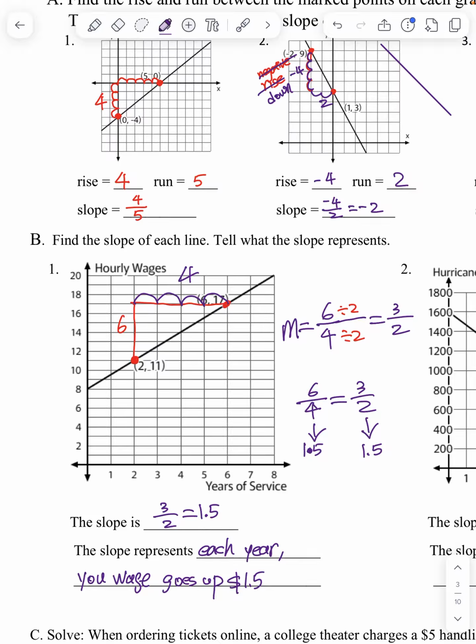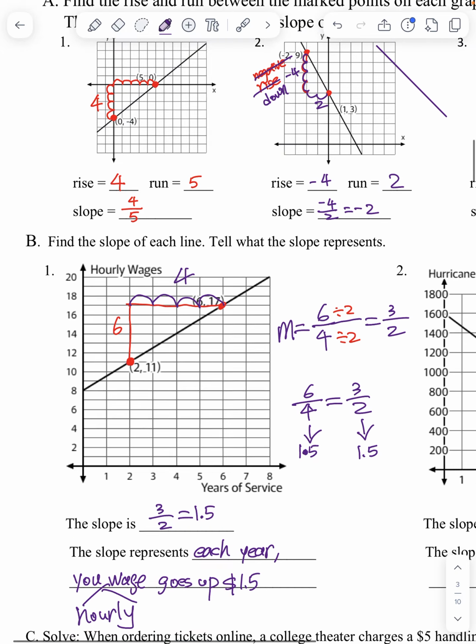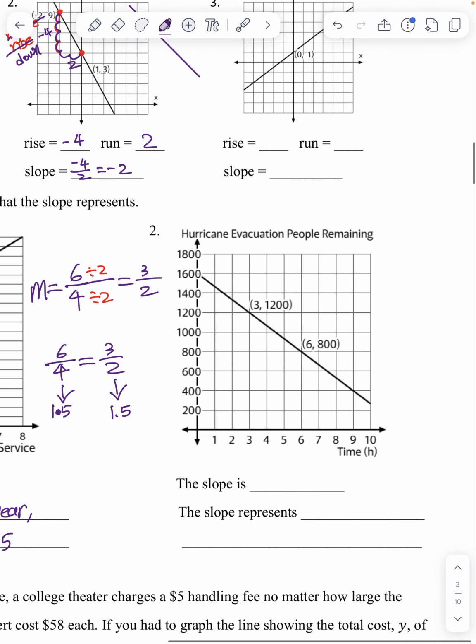Yeah, your hourly wage, right? Hourly. Yeah, so each year you make 1.5 dollars more than the past year. Okay, second one.